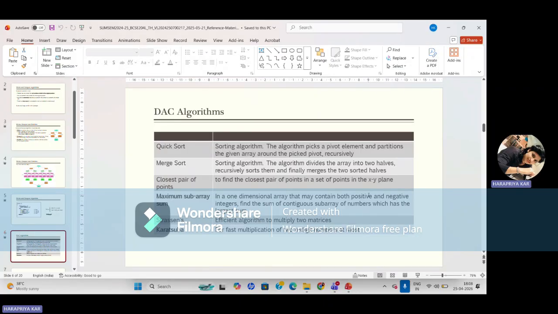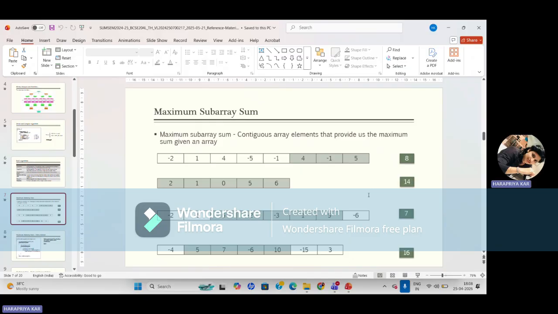Coming to the maximum sub-array sum, I will show you how the example is given and how you are going to do it. In this particular example, the maximum sub-array sum works over the contiguous array elements that provide the maximum sum of a given array. Here, if you add these particular elements, the maximum sum will be 8.